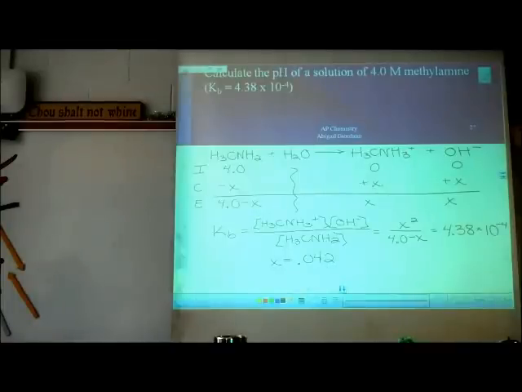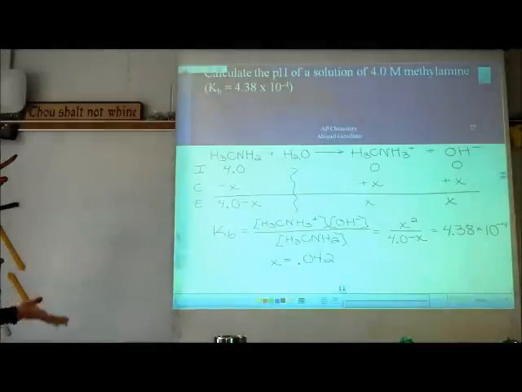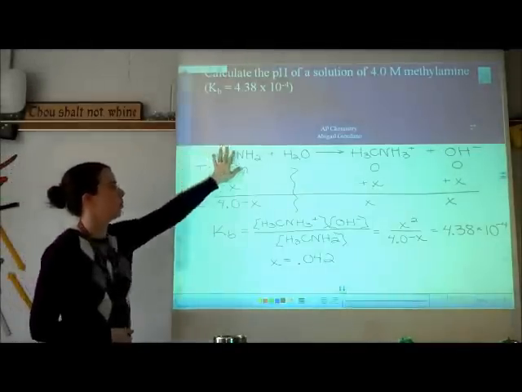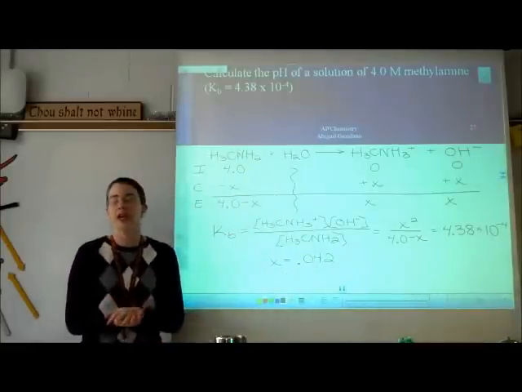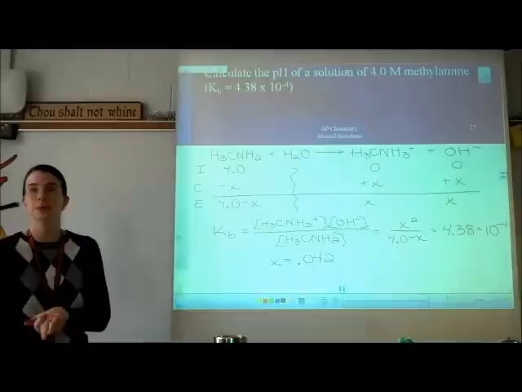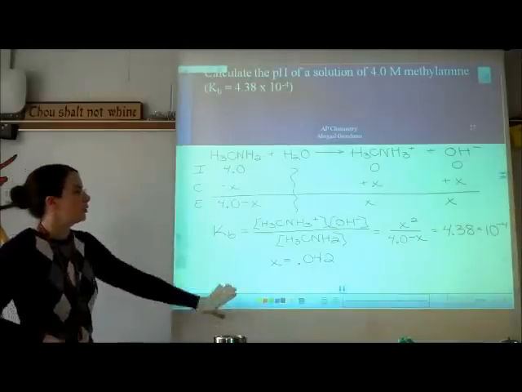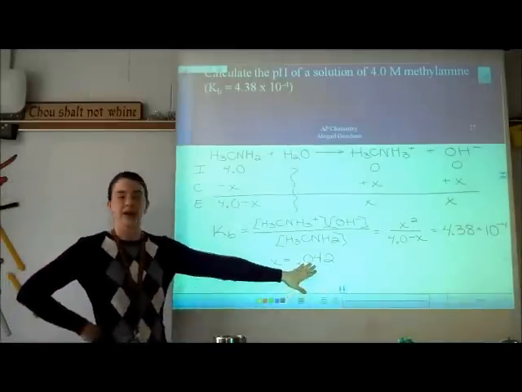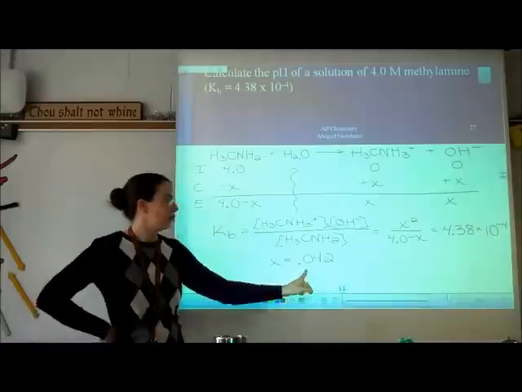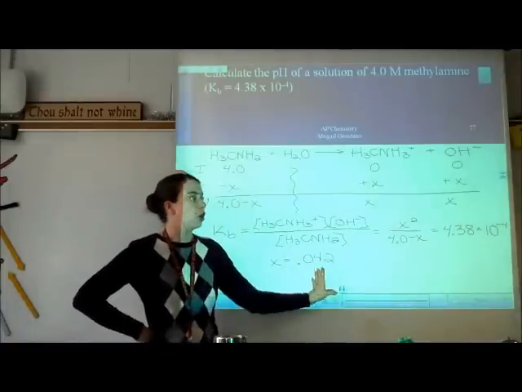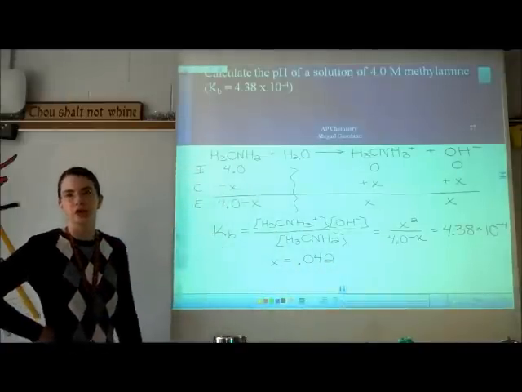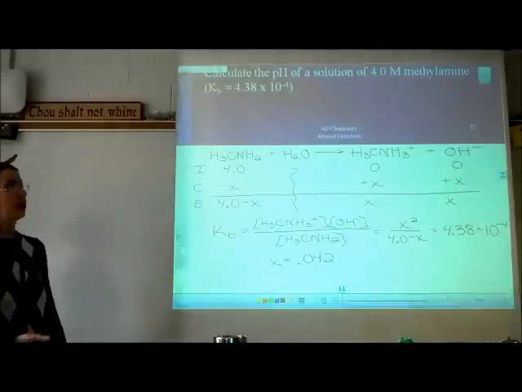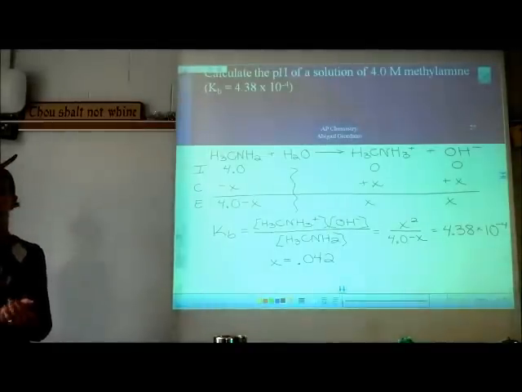Now, if this were a weak acid problem, and if you want to flip back to the ones we did last class, when we got to this point and the question said calculate a pH, what we had with X was also the concentration of H3O+, which is the same thing as H+.